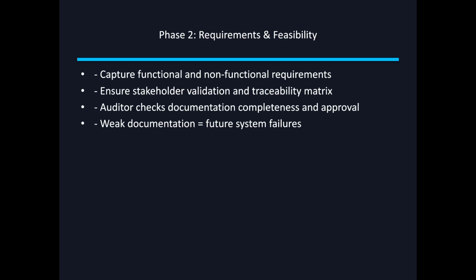Requirements must be specific, measurable, and validated with users. In this phase, the auditors ensure the functional and non-functional requirements, like performance, security, and scalability of the solution, are documented.